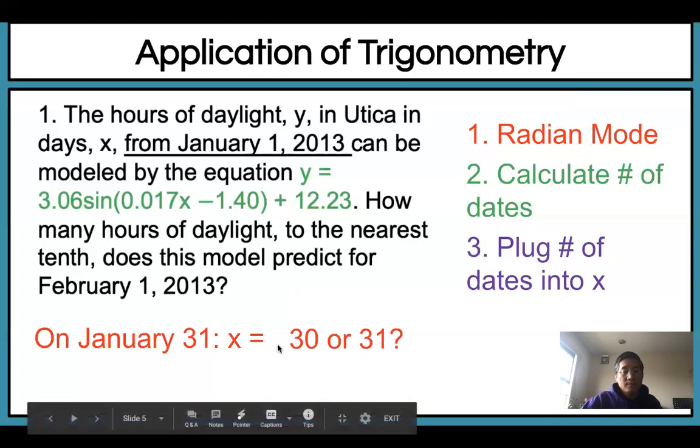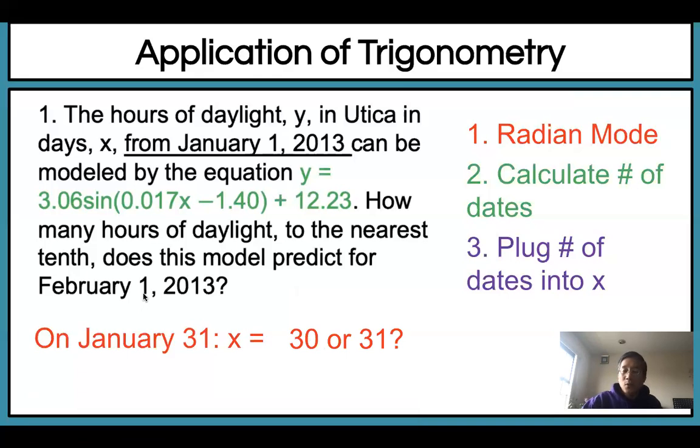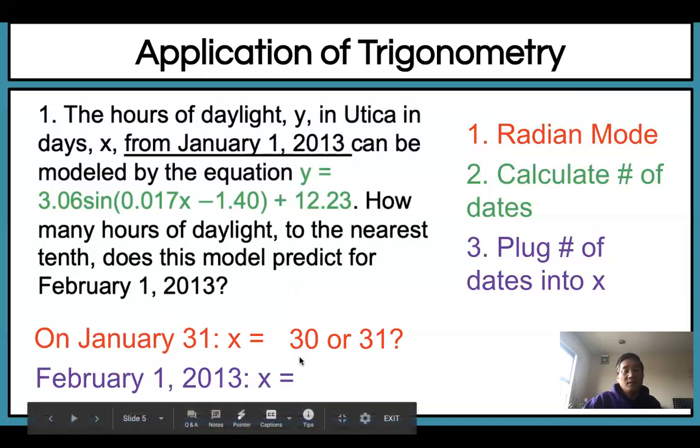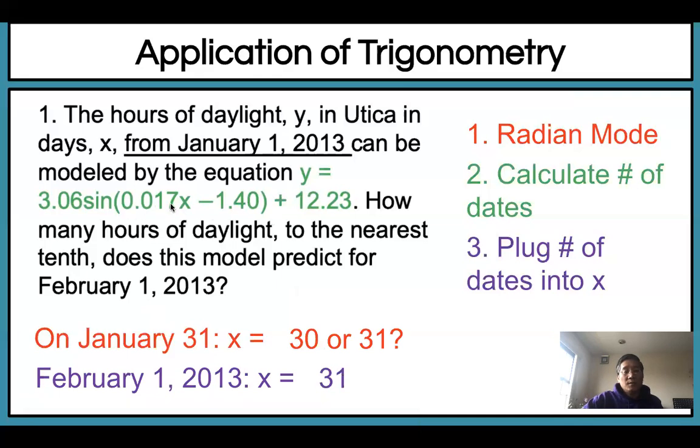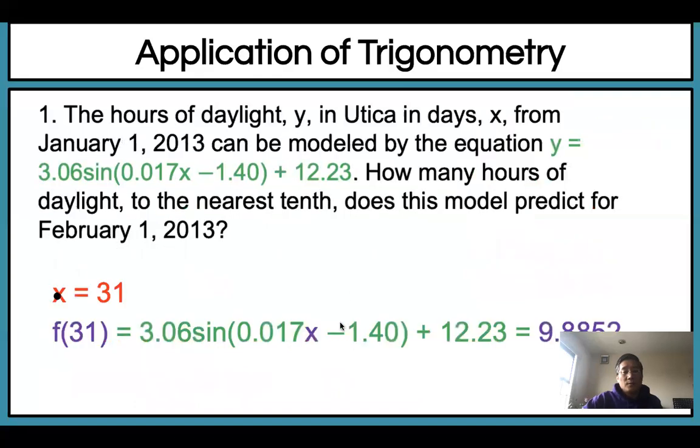Then February 1st, how many more days? Just one more day. Then x will be 31. So what is next? You should plug 31 into this function, and then you will get the value, right?